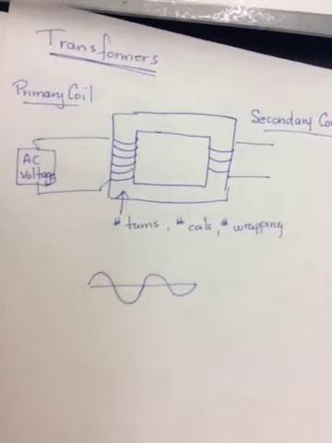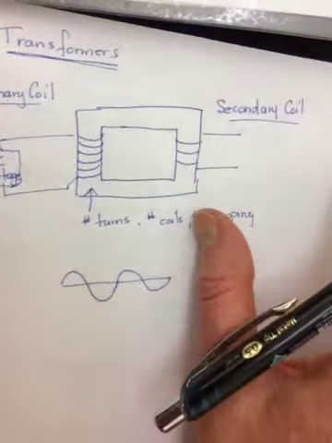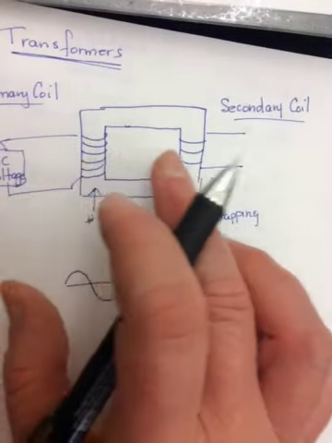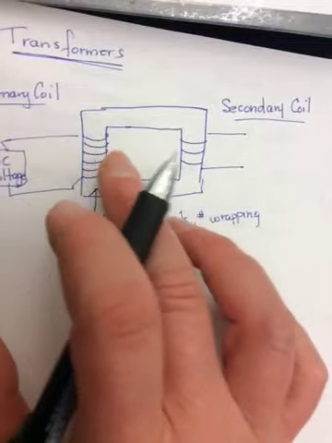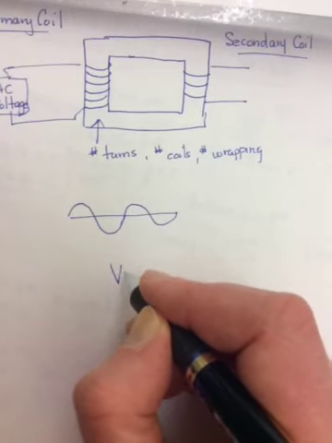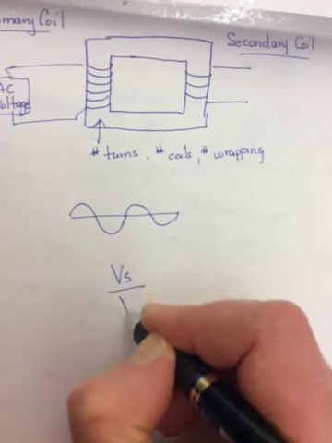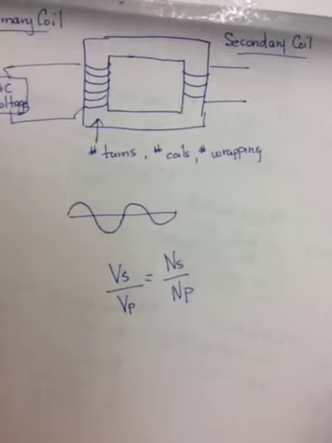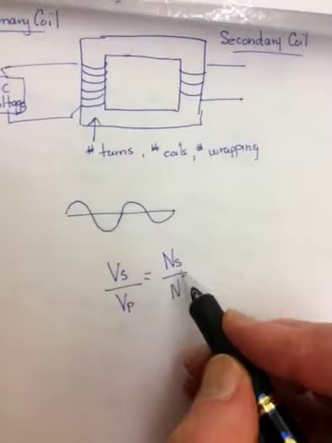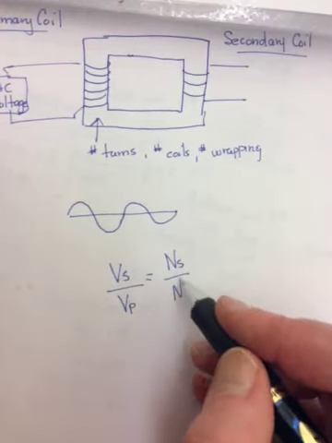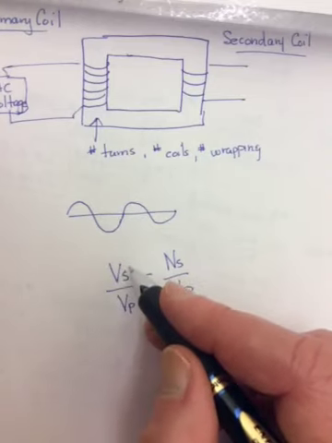Okay, so what we just said was the induced EMF in the secondary coil is proportional to the primary voltage and is dependent upon the ratio between these wrappings. The equation's really easy. It's V secondary over V primary is going to be equal to N secondary over N primary. Okay? So if the number of turns in the secondary is bigger than the primary, then your voltage in the secondary will be bigger.